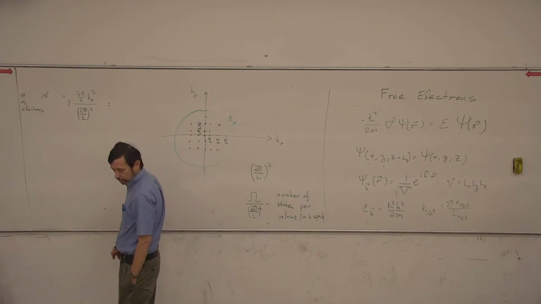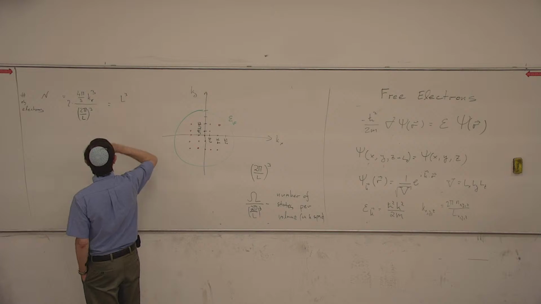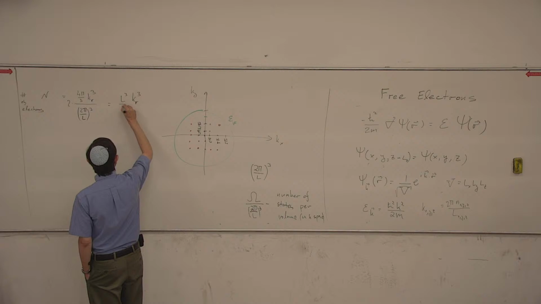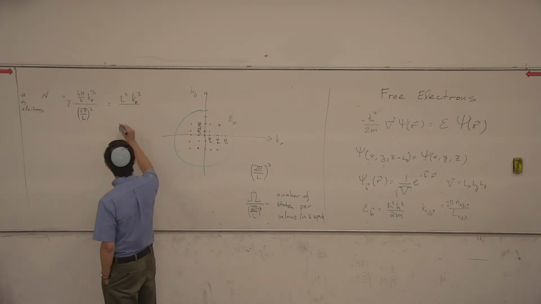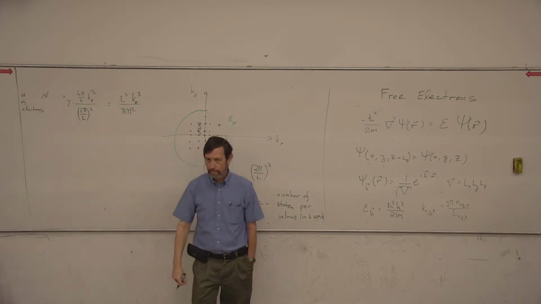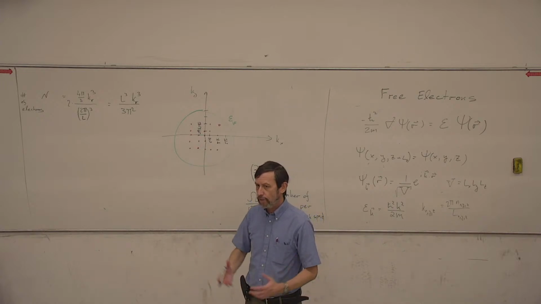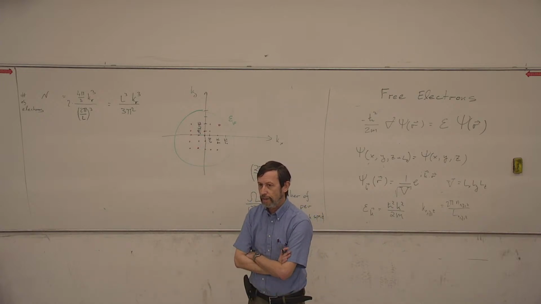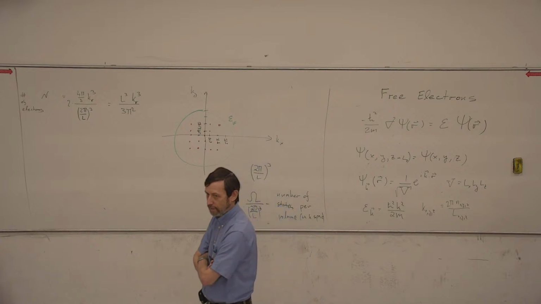Assuming that I can collect all my pi's correctly, this is the number of electrons within the volume of a sphere of radius kF. kF is the Fermi wave vector.